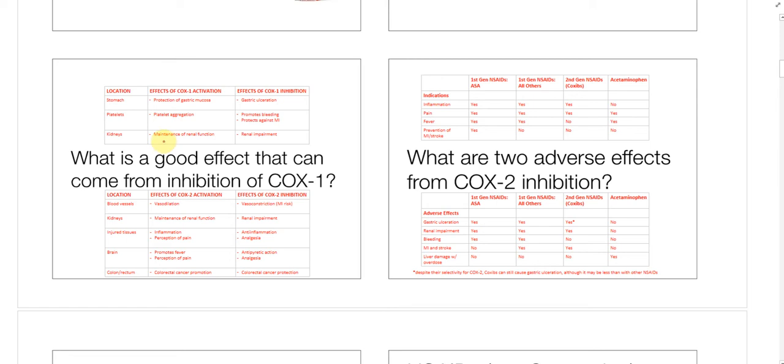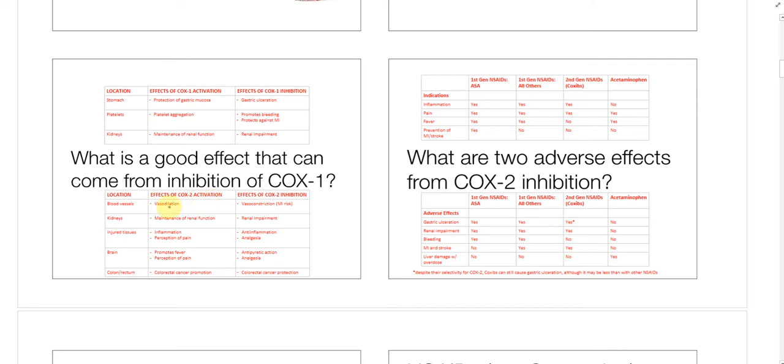And then because it helps to maintain renal blood flow, blocking it is going to cause potentially some renal impairment. For someone who's healthy, it's not a big deal. But if we're talking about someone who already has some level of renal impairment, this is just going to make it that much worse.